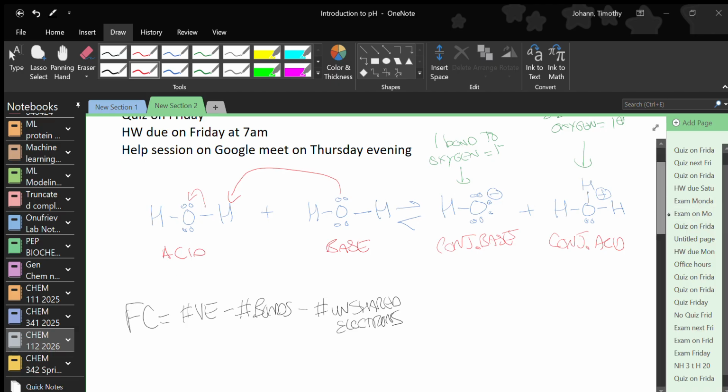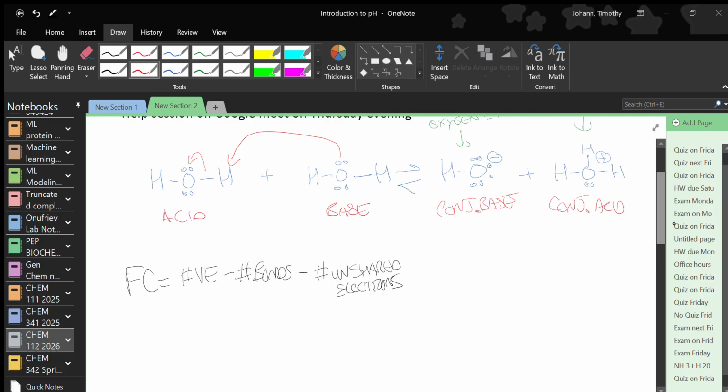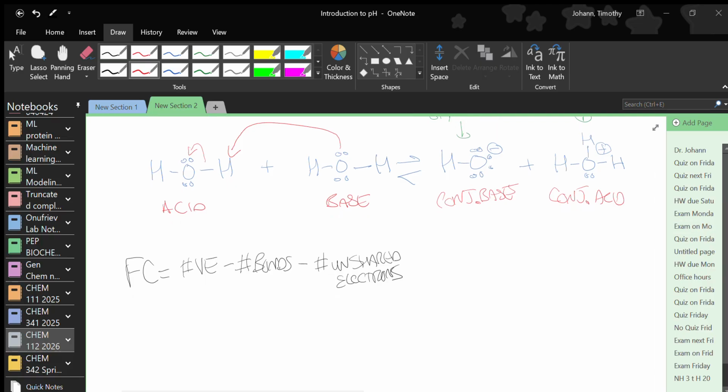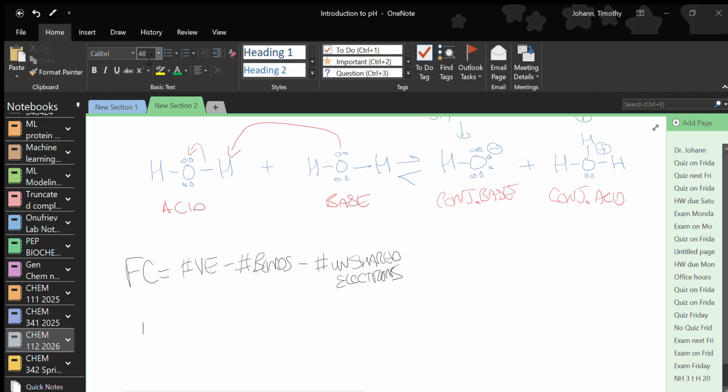Okay, great. What this up above is an example of is the chemical equation for the autoionization of water.